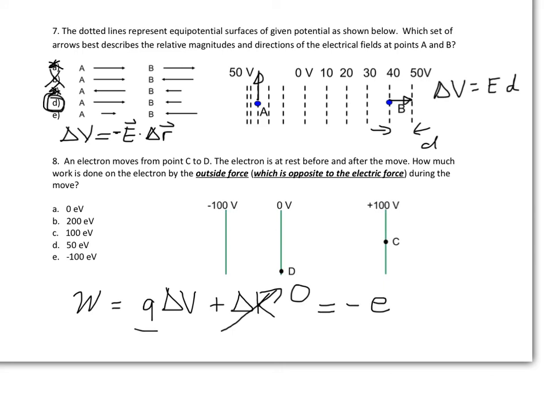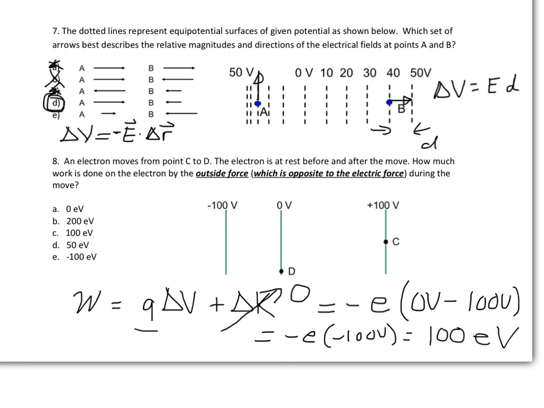Delta V will be the final potential minus the initial. It moves from point C to point D. So the final is 0. The initial is 100 volts. We get minus e times minus 100 volts equals 100 electron volts.